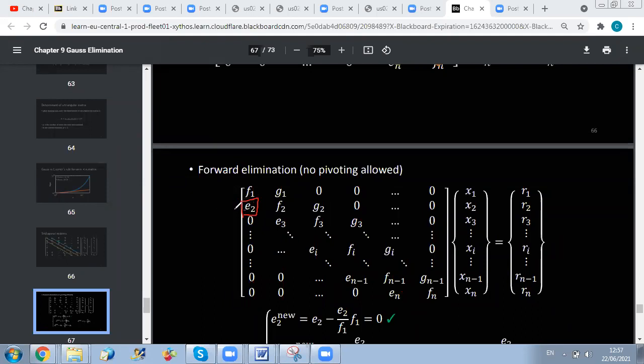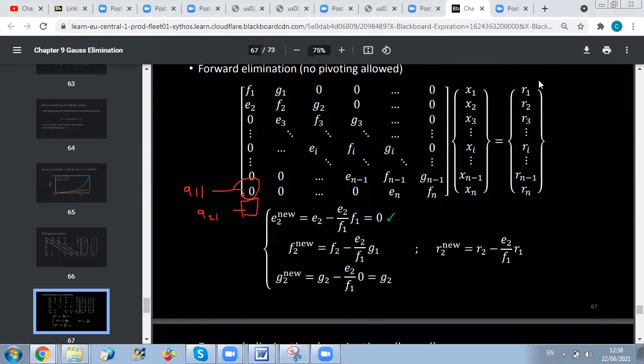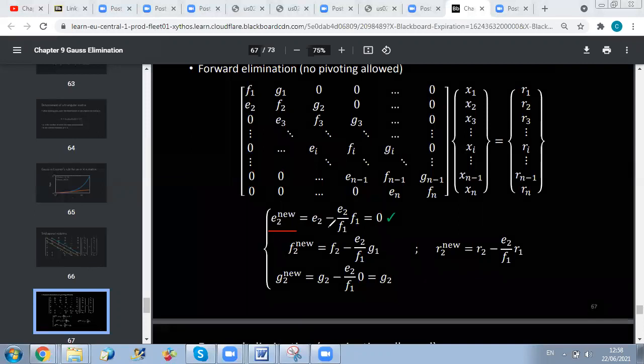E2 is A21, and F1 is A11. So if I apply the rule of forward elimination, then E2 new, the new value of E2, is the old value minus E2 over F1 times F1, which will give me 0 as predicted.